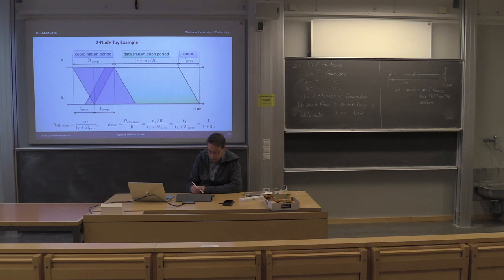Here we have station 1, which is also called A here, and here we have station 2, which is called B in this case. The distance from here to here is d meters, or the distance in time between these two things is the t-prop. Now, suppose station 1, at this point in time, has a frame to transmit.